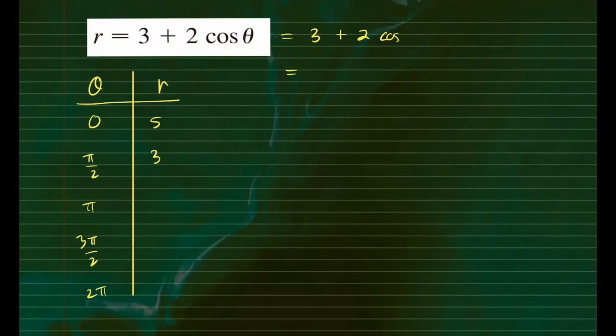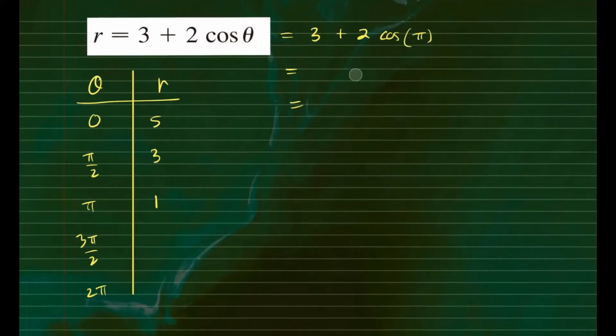For theta equals pi, cosine of pi is negative 1, so this is 3 minus 2, that would be 1. The next angle is 3 pi over 2. Cosine of 3 pi over 2 is 0, so this is 3. And then 2 pi: cosine of 2 pi is 1, so this is 3 plus 2, that's 5.